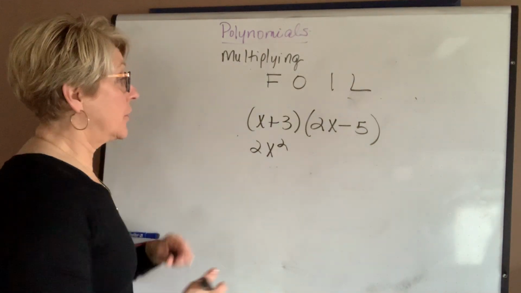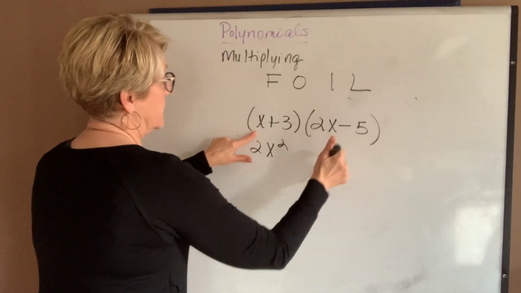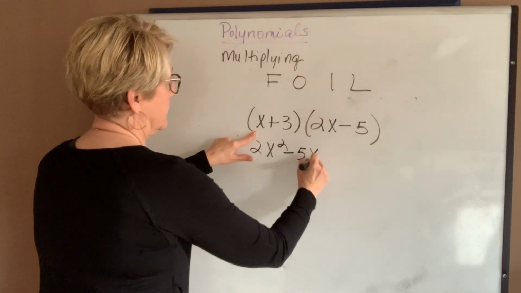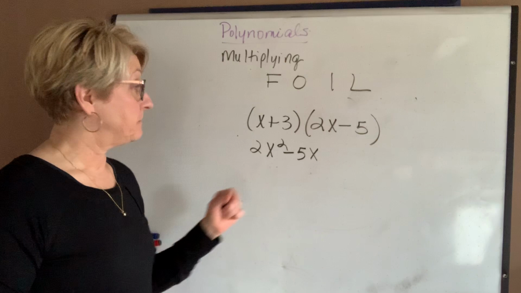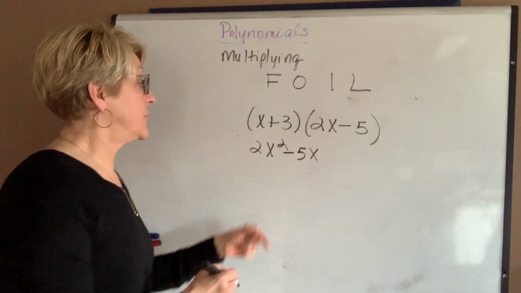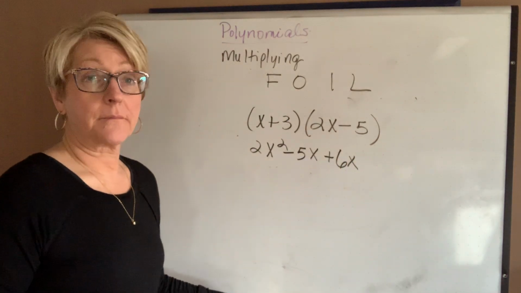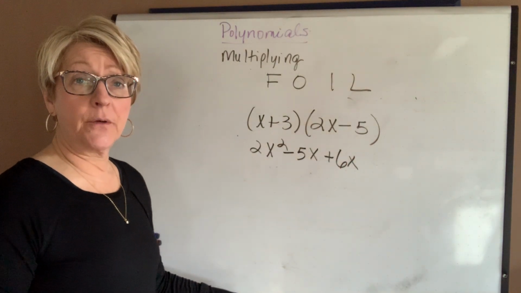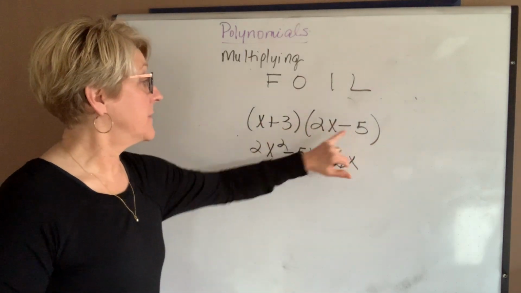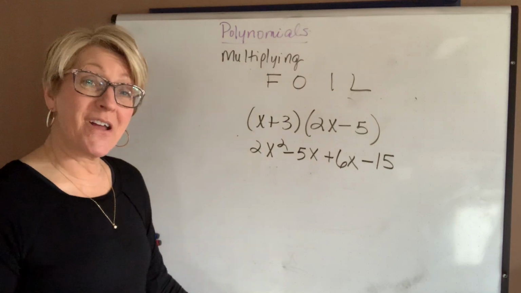Now the outer terms, negative 5 times x. What are the inner terms? That's 3 times 2x. And what is last in each binomial? 3 times negative 5. Watch your signs, right?